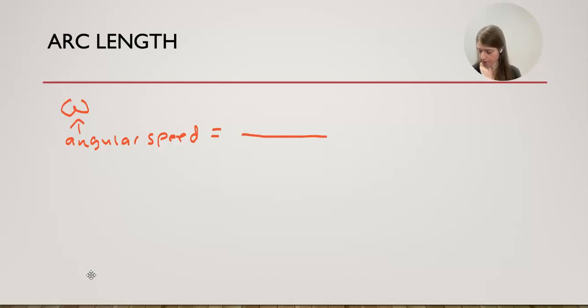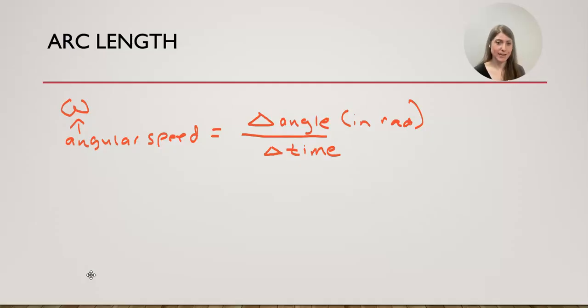So think about this as the change in the angle, typically in radians, over the change in time. So how many radians you move through, I should say, the angle you move through over the time period. So let's make this a little bit more concrete by giving a specific example.